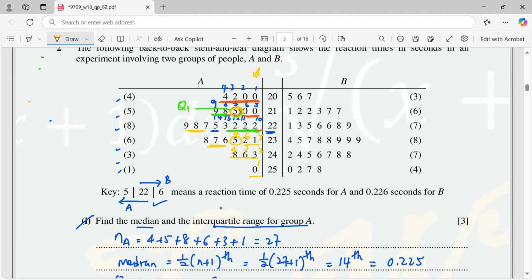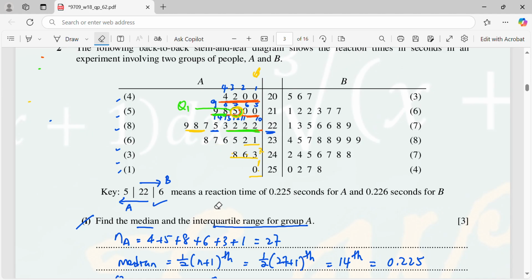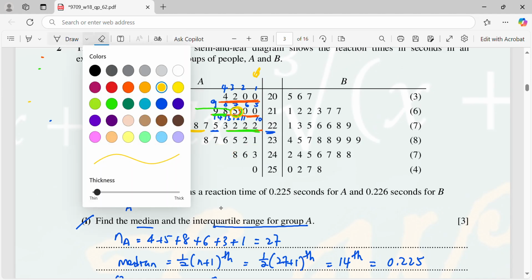So 225 median. Okay, 1, 2, 3. Then here will be 1, 2, 3, 4. Okay, I calculated wrongly. I was considering the bottom for the median, but probably you can consider here.